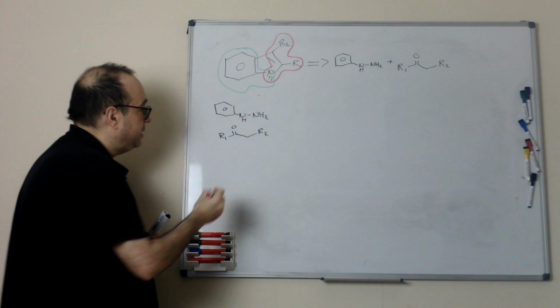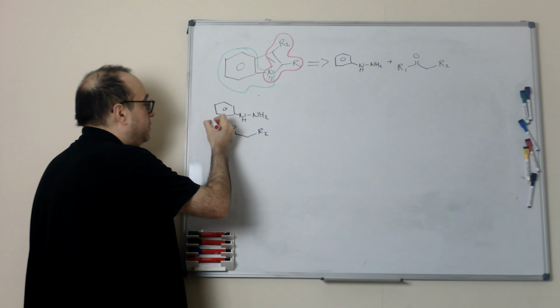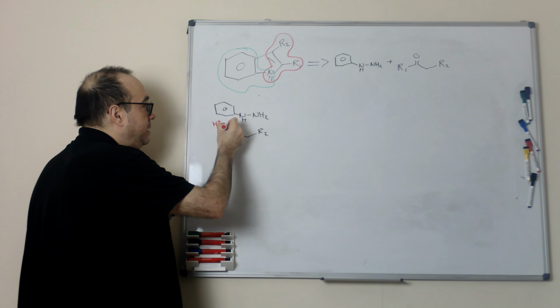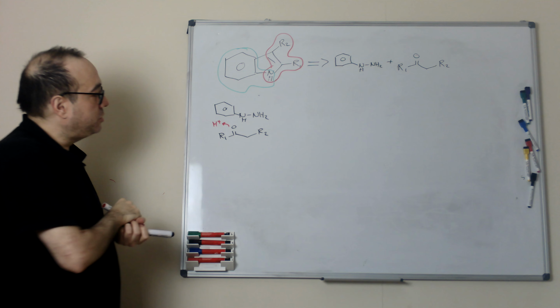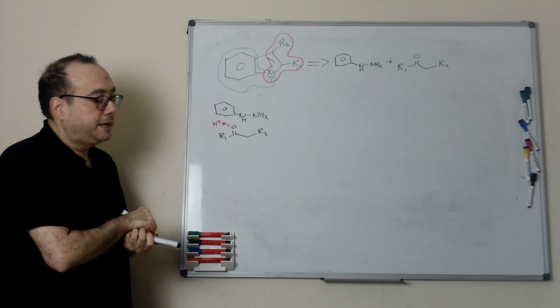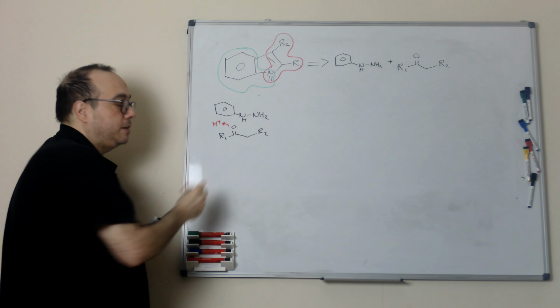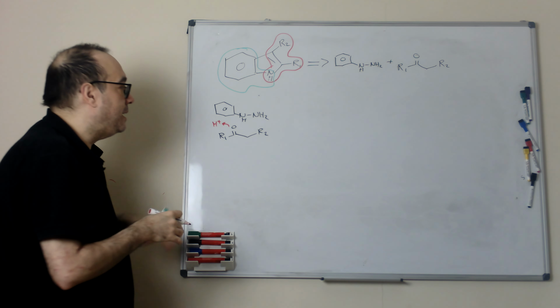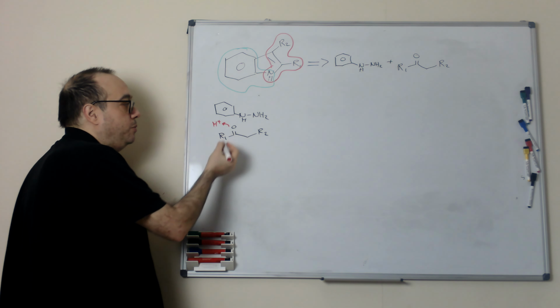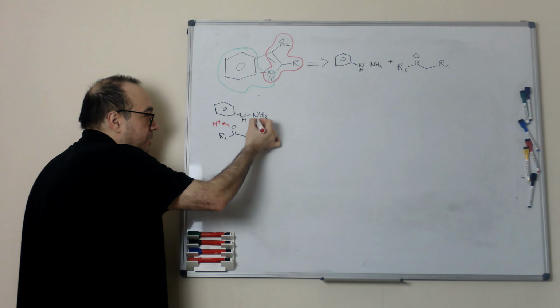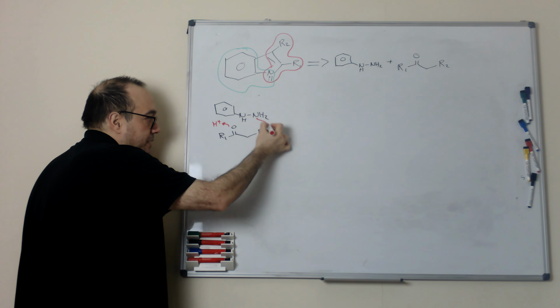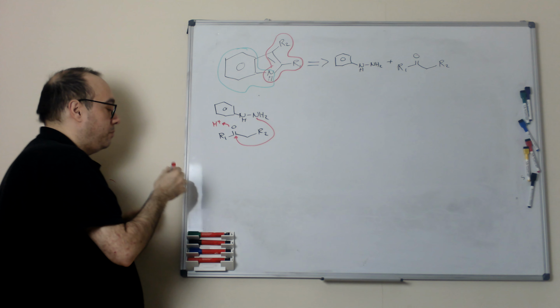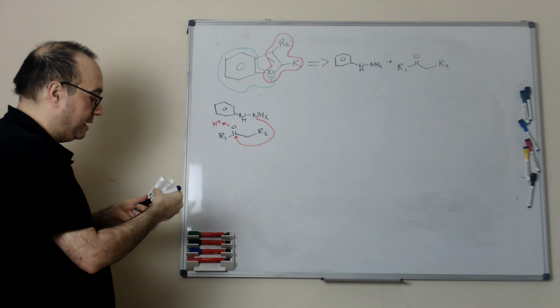What will happen is that in acid media we will protonate the ketone, making this carbon more electrophilic. This is a ketone or an aldehyde. I am saying ketone, but it could be any carbonyl group. Then the pair of electrons of the nitrogen attack here to form the hydrazone.